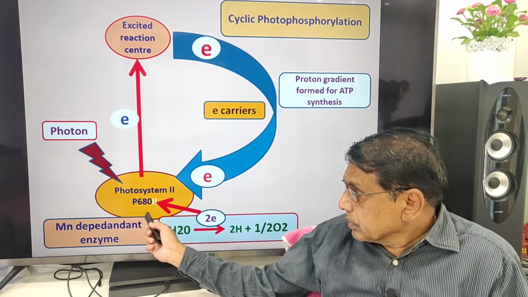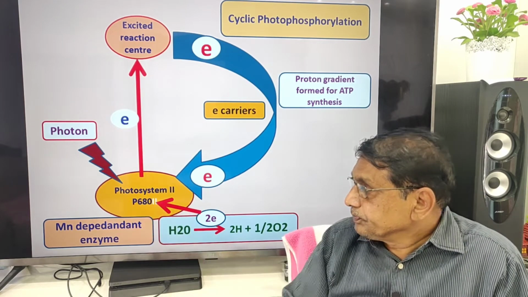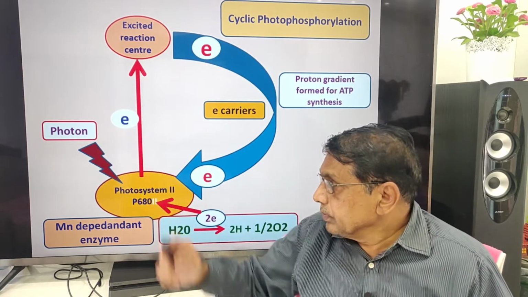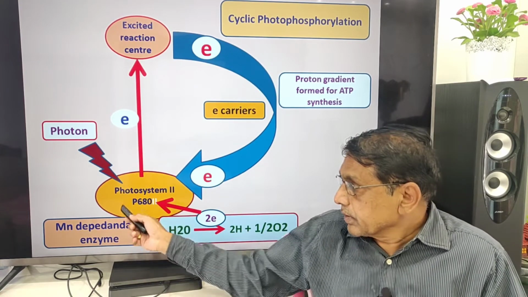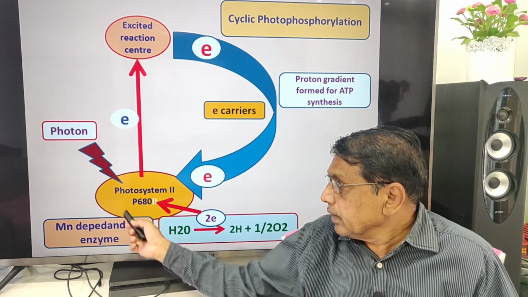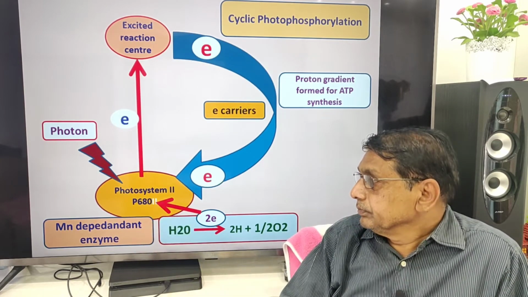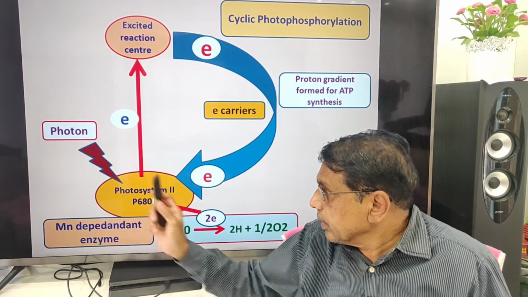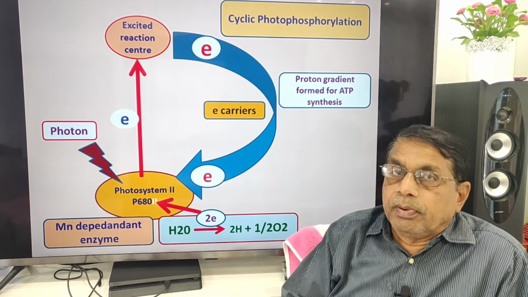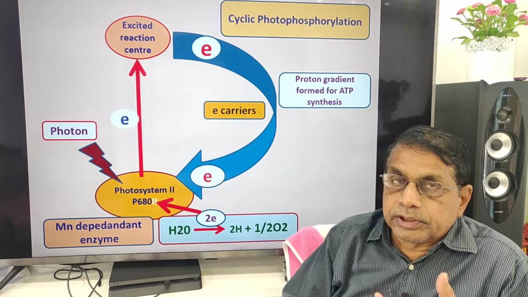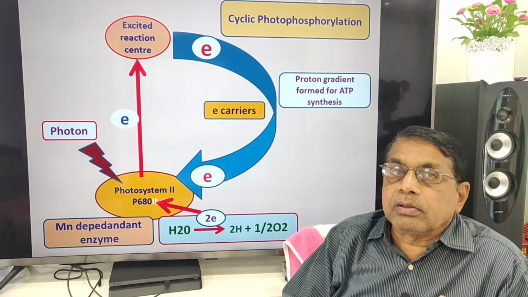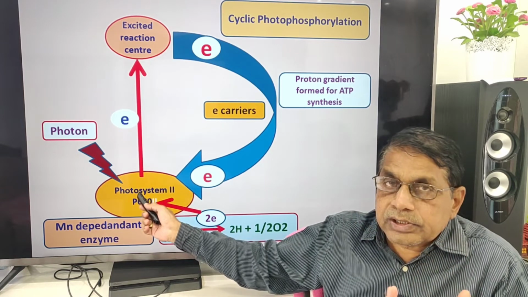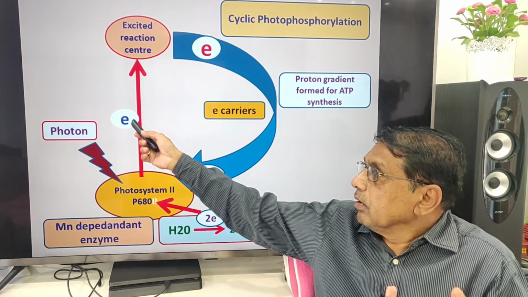So this is photosystem II, P680. Photon light makes it excited; imagine all the antenna molecules here. There is a manganese-dependent enzyme. Upon absorbing light from the surrounding molecules, it becomes excited, and in the excited state the electrons are emitted.